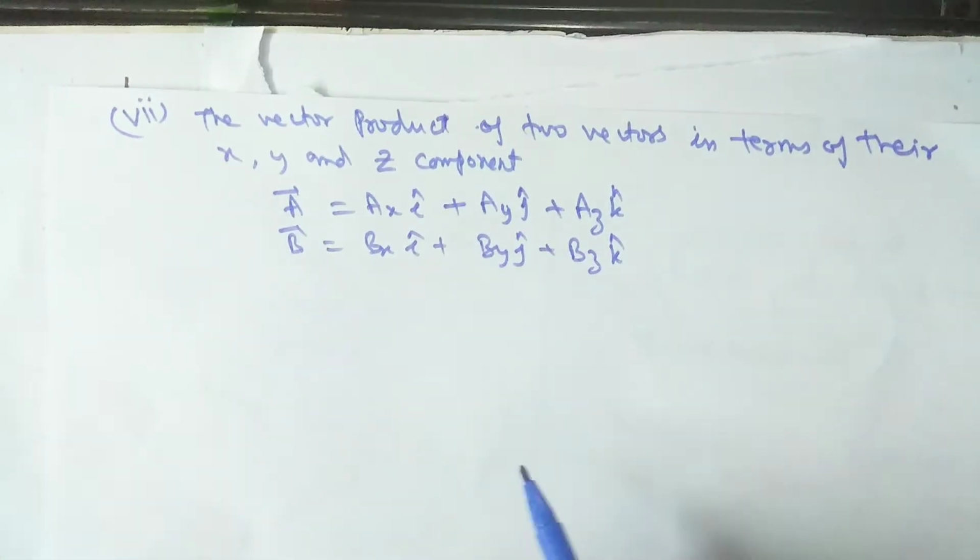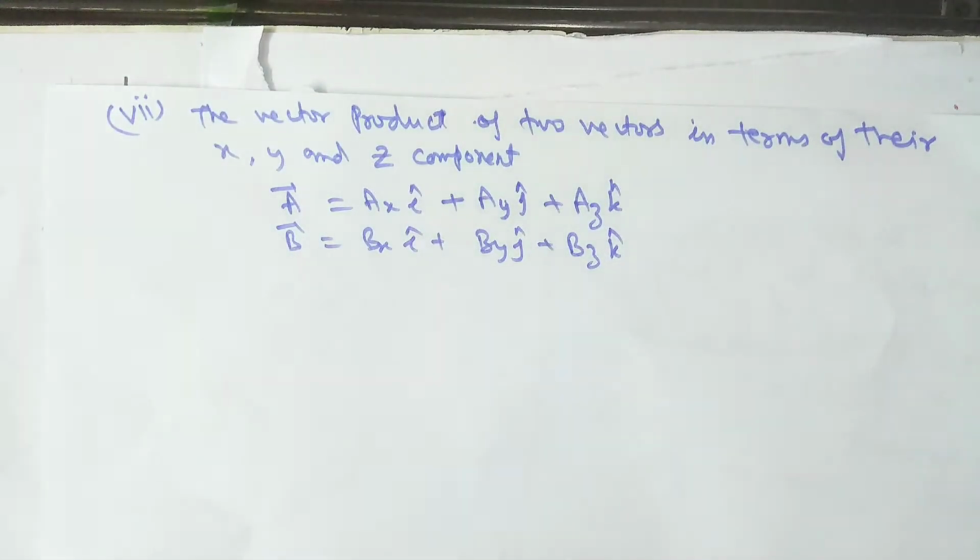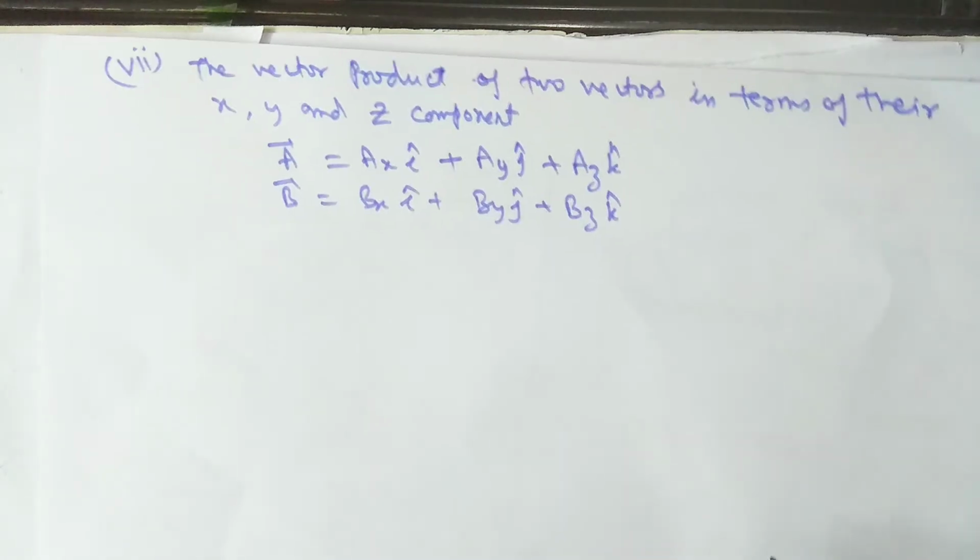If we have to find its vector product, how can we find it?